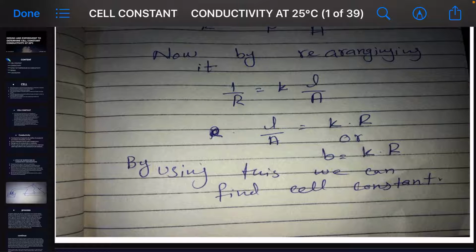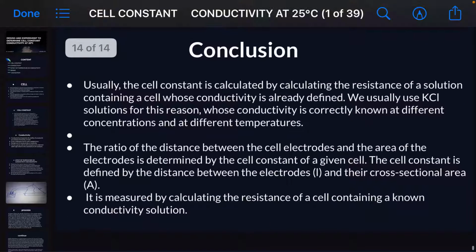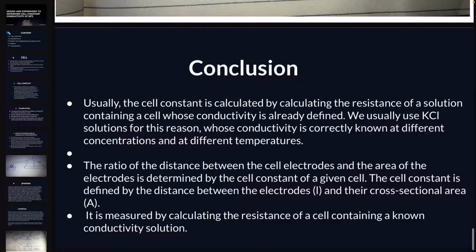By using this we can find the cell constant at a specific temperature, here 25 Celsius, because it's almost room temperature, so it is not required to be worried about anything. You can also find it from 20 to 40 Celsius, because these are relatable to room temperatures. These are the conclusions after studying the cell constant.